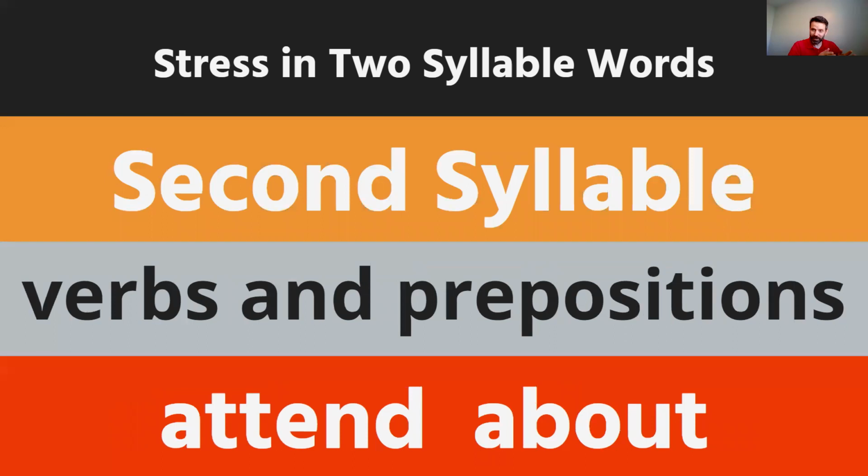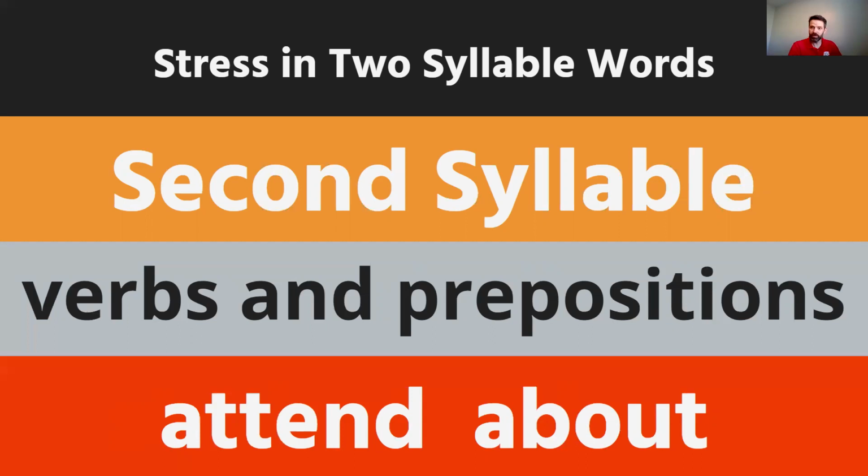Now, when we have a 2-syllable word that is instead a verb or a preposition, then the stress switches to the second syllable. And so here are 2 examples. Attend, attend. Now this word might otherwise be pronounced at-tend, but we don't say at-tend, we say attend. Same with about. We don't say a-bout, but instead we say about.